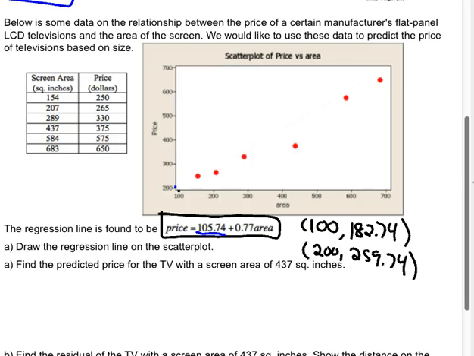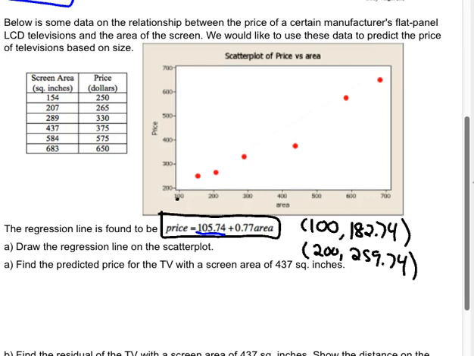Okay, so again, to do this, I'm just going to make 2 points, find 2 points by plugging them in, and now that's how I'm going to get a general idea of where that line is going to be. Here, unfortunately, I kind of chose poorly because 182 is going to be a little bit off, so that's going to be down here somewhere. So again, that didn't work perfectly.